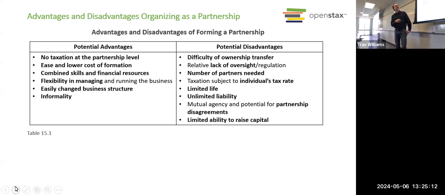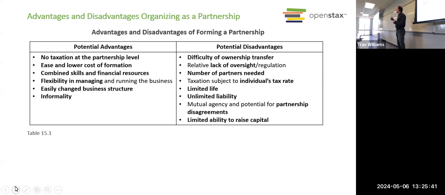What are the downsides? It's difficult to transfer ownership, right? Because you have to dissolve the partnership in order to change who the partners are. There's less regulation than there is over corporations. You might need multiple partners in order to bring in the capital or the expertise the company needs. You might be paying taxes at a higher tax rate.